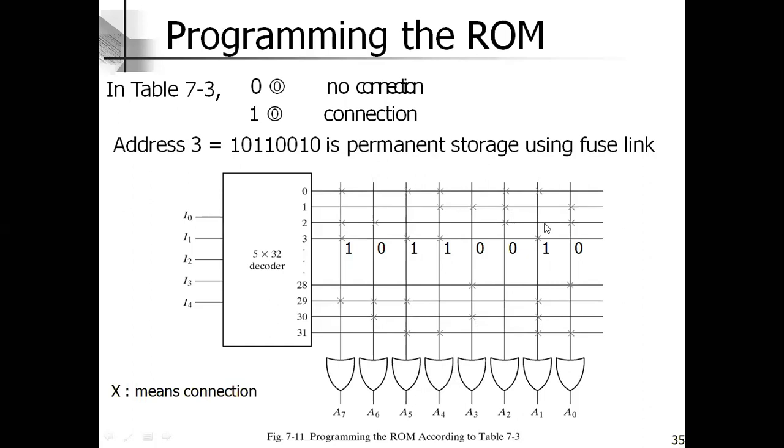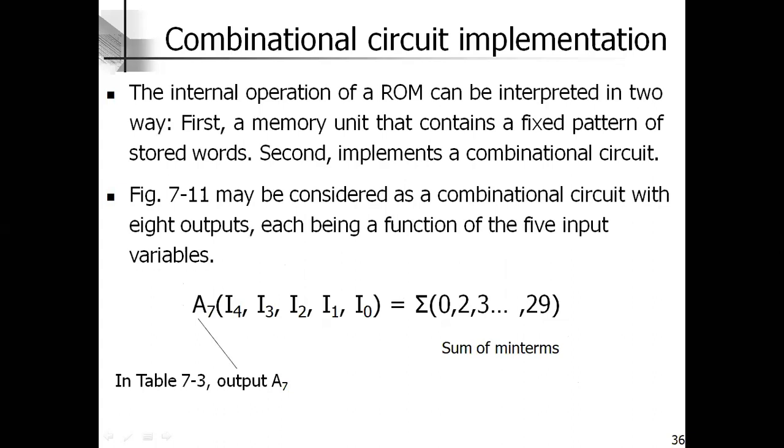A1: 0, 3, 29, 30, 31. A0: 1, 2, 28, 31. Like this, you have to give the combinational circuit, which may be considered as a combinational circuit with 8 outputs, each being a function of 5 inputs, and we get the output in the form of sum of minterms. This is the internal operation of a ROM, which can be interpreted in two ways.